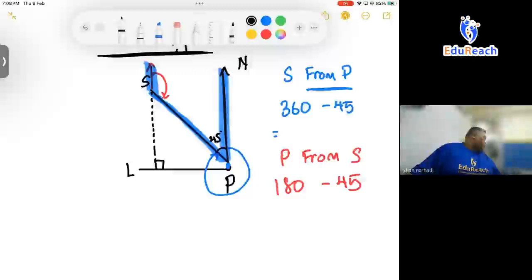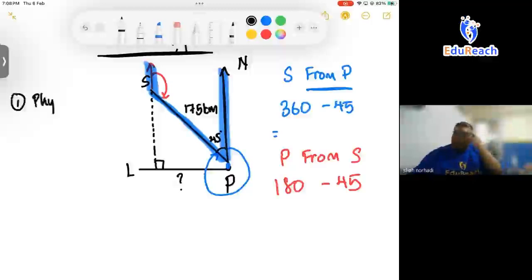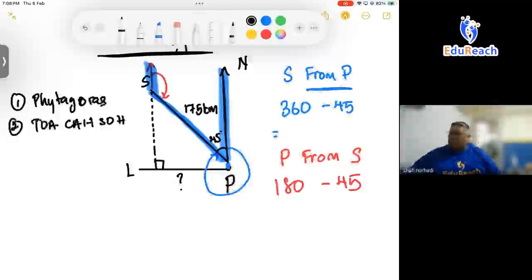They say the ship is 175. So we got 175 here. We want the distance. So when you see a right angle triangle, first two things that pop up first is your Pythagoras or SOH CAH TOA. Okay, so here we have one side.